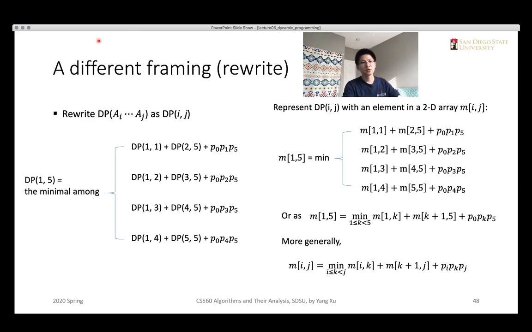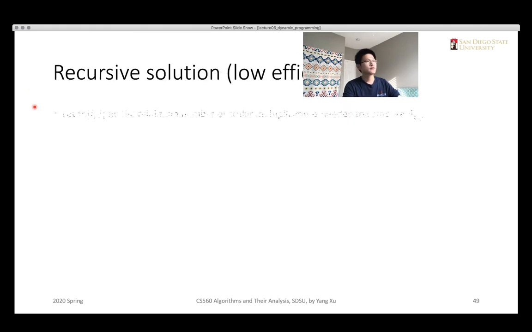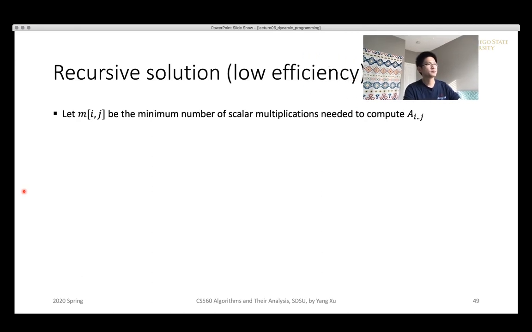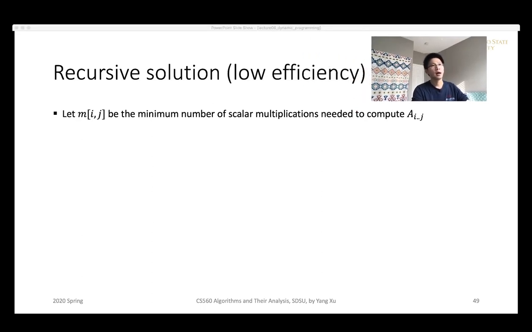Okay, so in this recursive implementation, let the element m[i][j] be the minimum number of scalar multiplications needed to compute the chain from A_i to A_j. Okay, so that's the meaning of the elements in that 2D array.